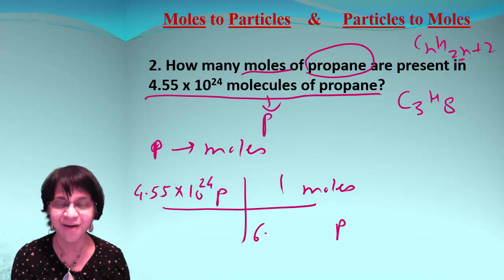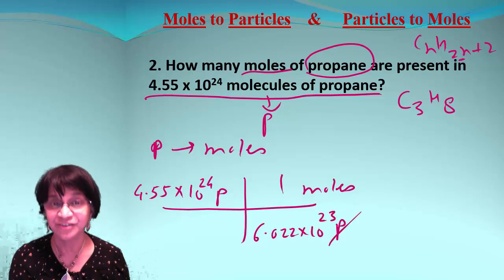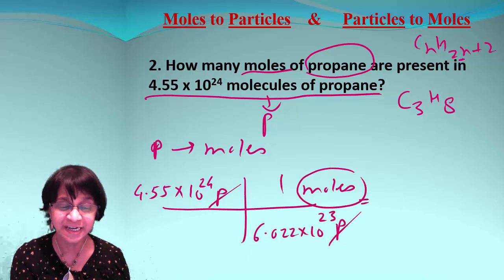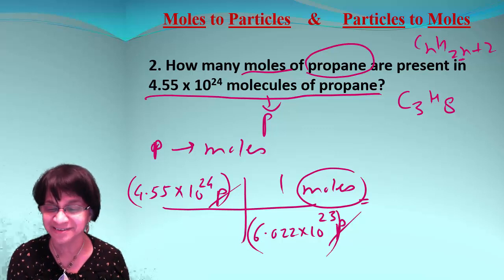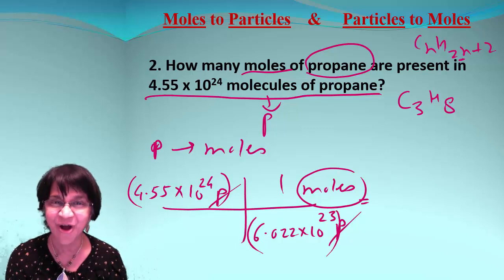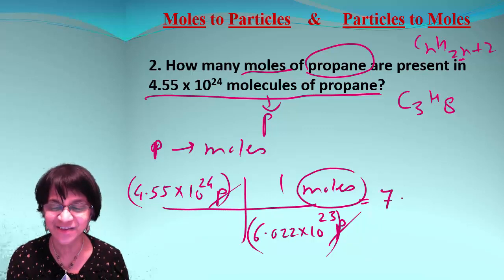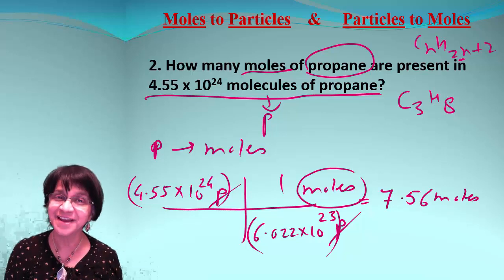It's always the Avogadro's number, 6.022 times 10 to the 23rd. The unit particles is gone, goodbye. And then what we get is the answer in moles. Remember, when you are calculating, don't forget to put the parentheses, otherwise you may end up getting a wrong answer. So here is what I got: 7.56 moles of propane. There we are.